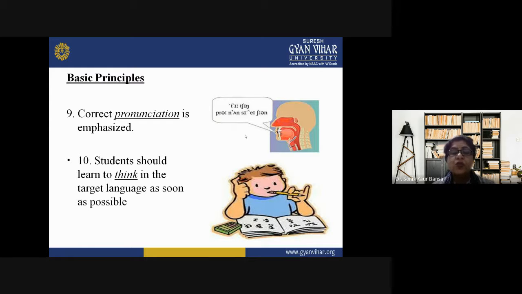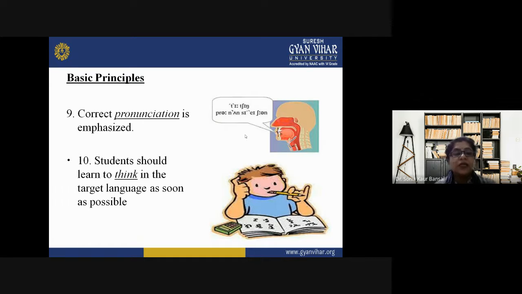So it is very important that the teacher must understand the phonetic system, and the teacher should pronounce the words accordingly in the class. So this is very important.